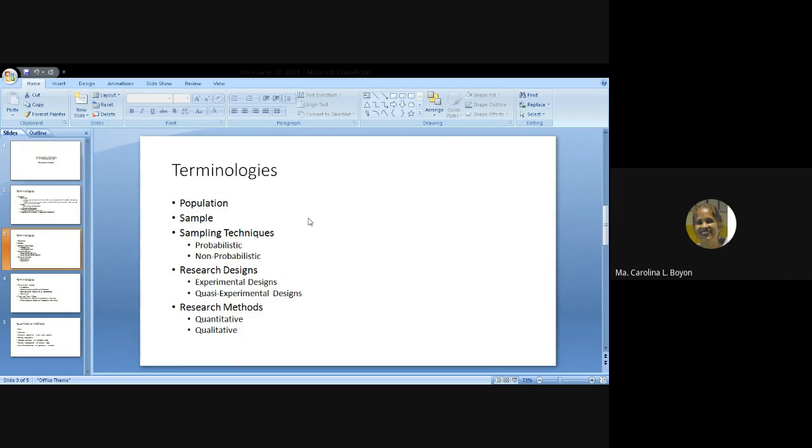So if a population consists of, let's say, the computer system of Bicol University that is linked to the computer network, then we need to identify all the computers linked to it. And so there are so many of them.